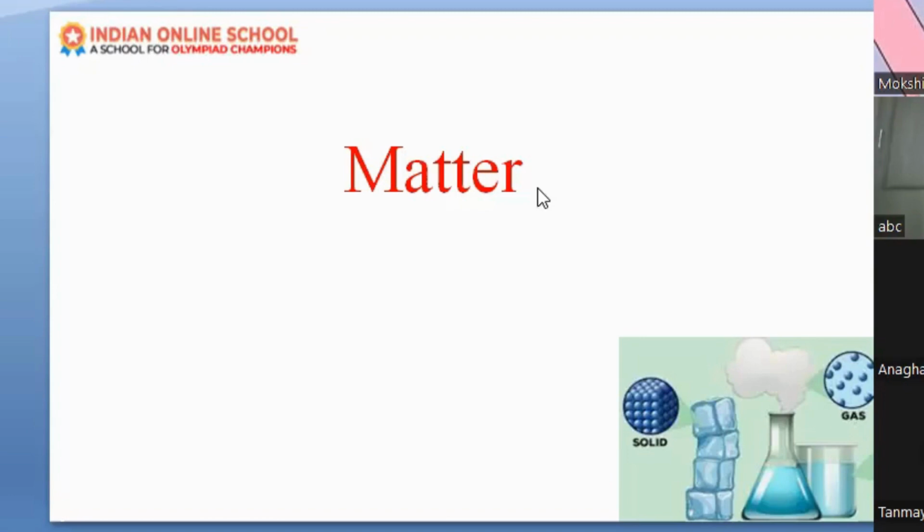Matter means which occupies space and which has mass. So what is mass? Content. If you take that particular thing in your hand, it has some weightage, it has some content. Let's say the example of a book. If I am holding a book in my hand, I must say it is also a matter. So what is matter, students? Matter means anything which occupies space and has some mass, that is weightage.